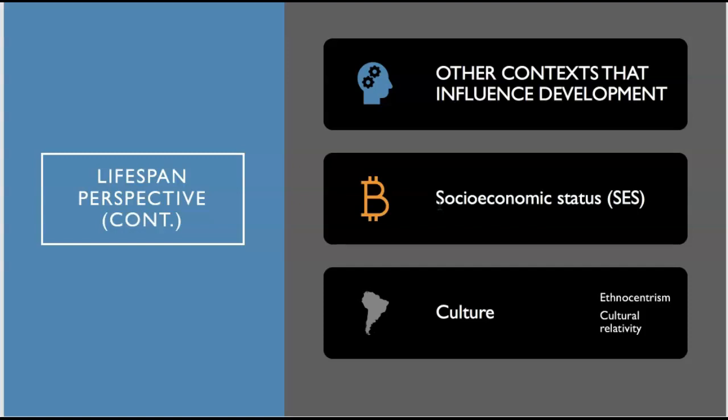And then there is culture. So culture refers to the behavior, patterns, beliefs, and other products of a group of people that are passed down from generation to generation. And these can include one's ethnicity, among other things.